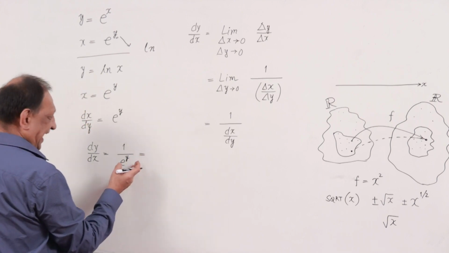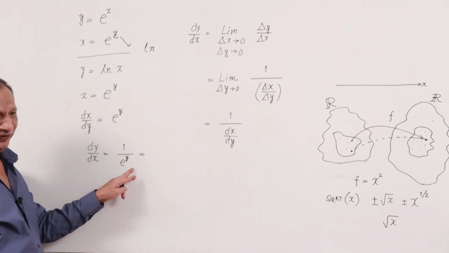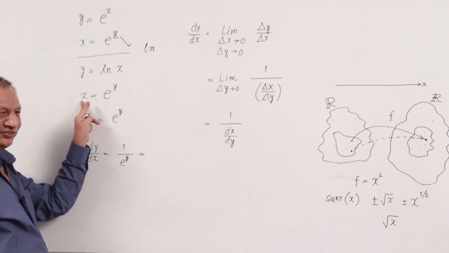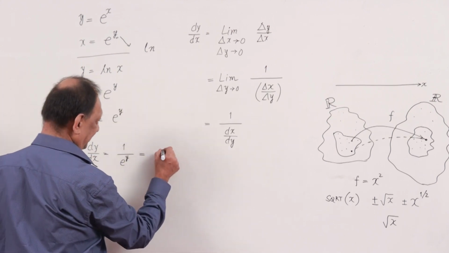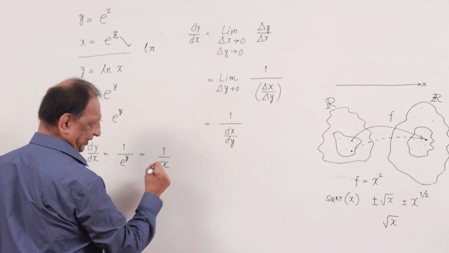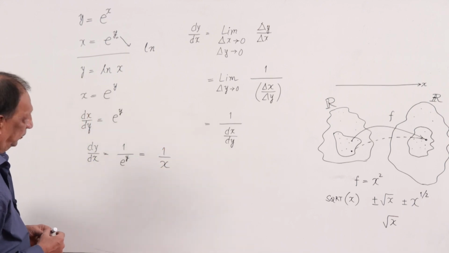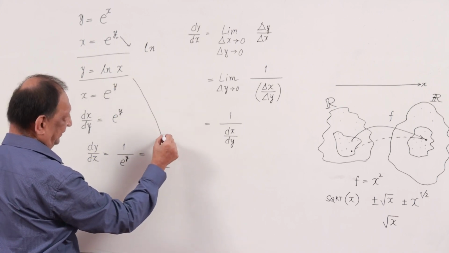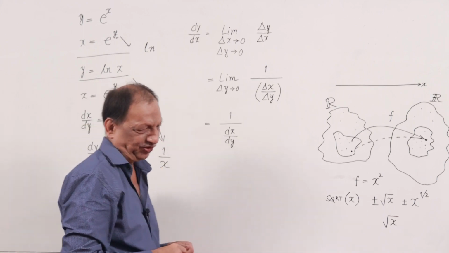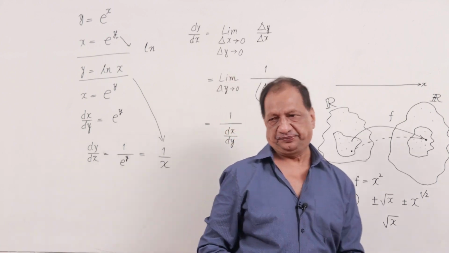I mean, I don't want the answer in y because y is not our variable. I want the answer in x. So substitute back x for y. What is e power y? It is x, so we get 1 over x. So when you differentiate y equal to ln x, the derivative is 1 over x. 1 over x is the derivative of log x.